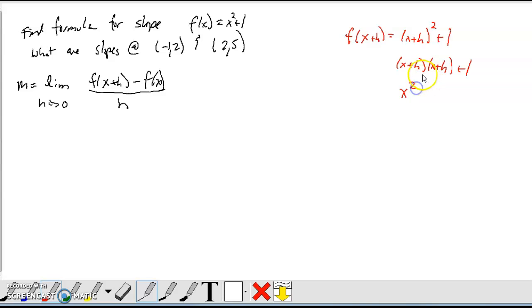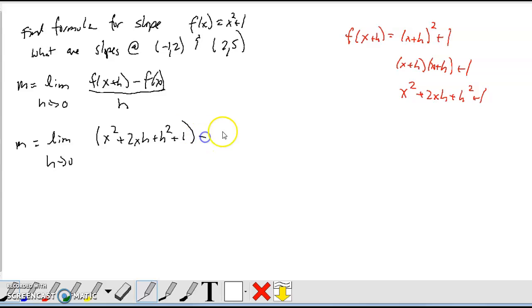This gives you x squared, 2xh, plus h squared, plus 1. So we're done here. f of x is the same thing right here. So the limit as h approaches 0 of parentheses x squared plus 2xh plus h squared plus 1, minus parentheses x squared plus 1, all over h.